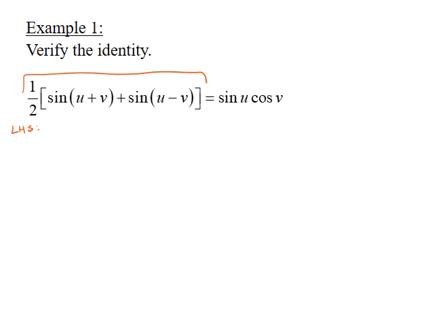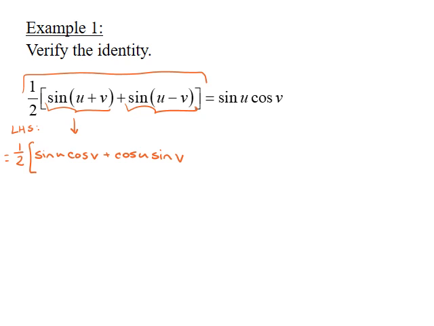So when we apply the sum and difference formulas, I'm going to apply it here and then here. So we're going to keep the 1/2, and we get the following. For the first piece, we get sine of u times cosine of v plus cosine of u sine of v.